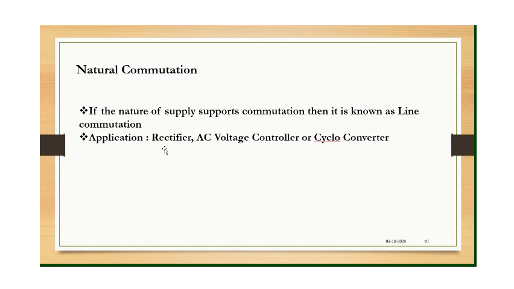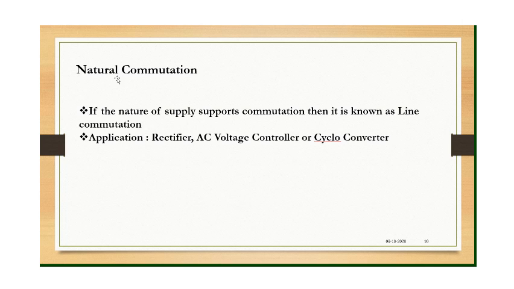In the natural commutation method, in the AC supply, we know that the AC voltage at every half cycle passes through zero, right? So this reverse supply voltage will be turning off the device. So naturally you are using the supply signal to turn off the device.